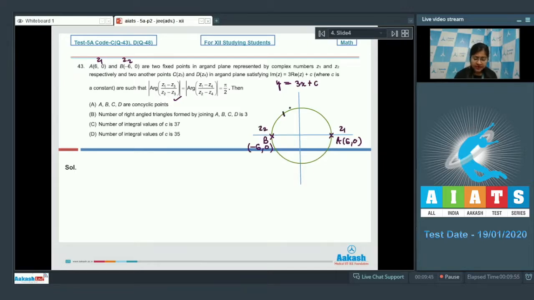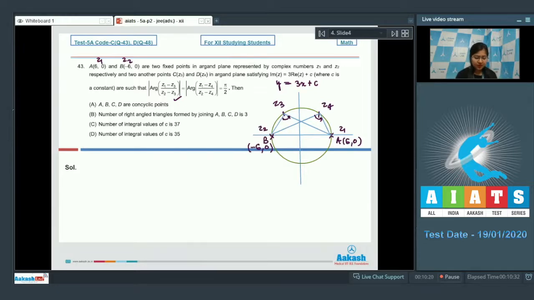So Z3 and Z4 should definitely lie on this circle, because if we join these two, then we see that the argument of (Z1 minus Z3) divided by (Z2 minus Z3) is equal to pi by 2. Similar is the case here. Here also we can see the argument of (Z1 minus Z4) divided by (Z2 minus Z4) is pi by 2. So these 2 points are definitely lying on this circle.